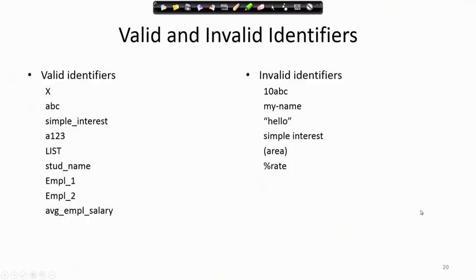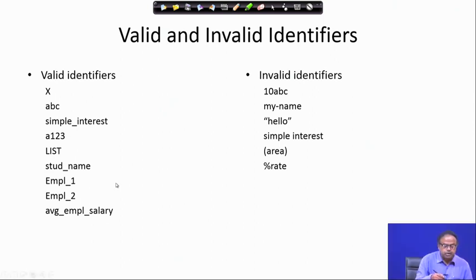So, here we will conclude this lecture with some examples. You can see some valid identifiers. X is a valid identifier, ABC. Now, simple interest, I have put in an underscore here. A123 is fine because it is starting with A, an alphabet.